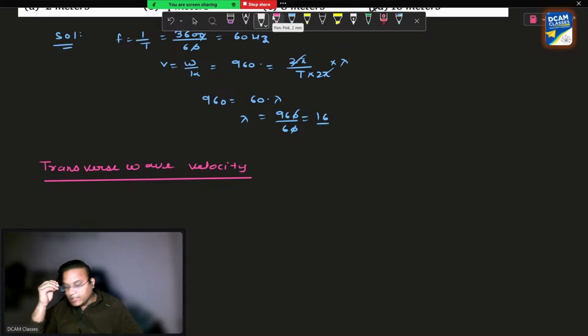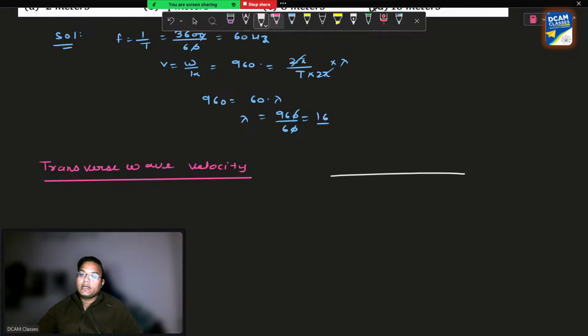The transverse wave velocity that we have calculated, omega by k, is actually calculated in a different way in a string having tension. Suppose we have a string here, and it's in tension. We have applied a force here, due to which the tension T is present everywhere in the string.